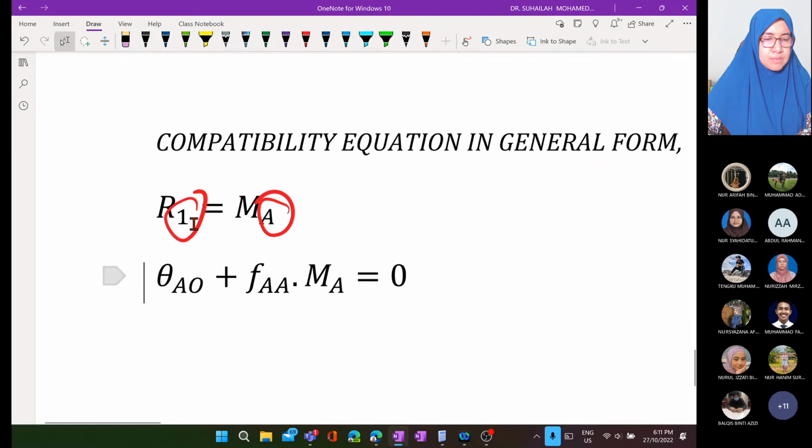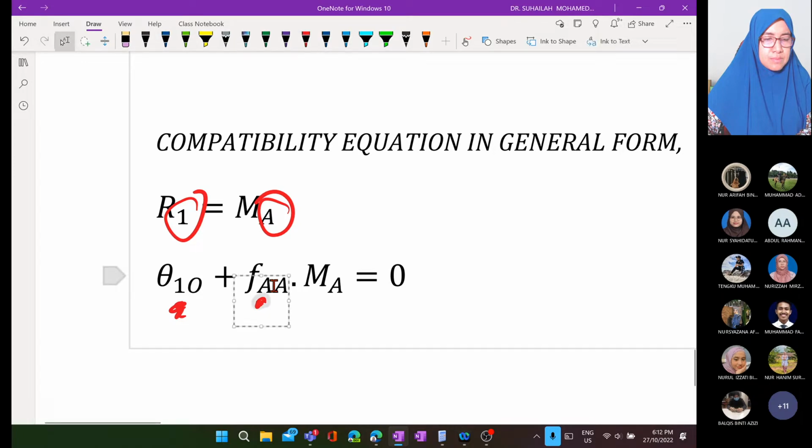So R1 is MA. So A will change to 1. So theta A naught will become A1 naught. FAA, because A here, and here also A. So this will change to 1 also. All A we change to 1.